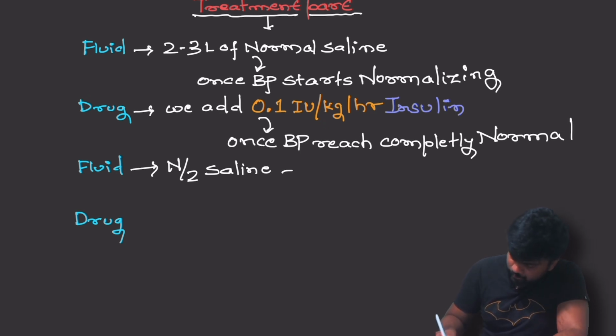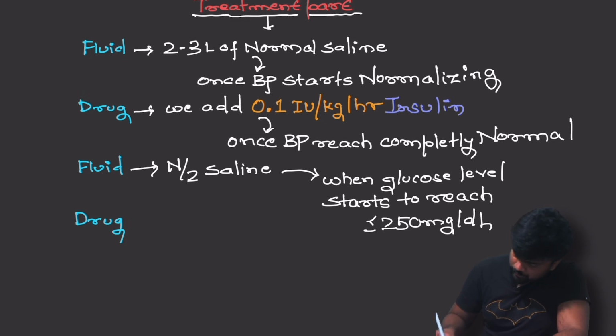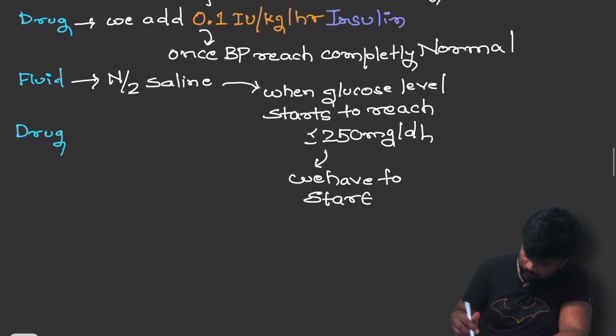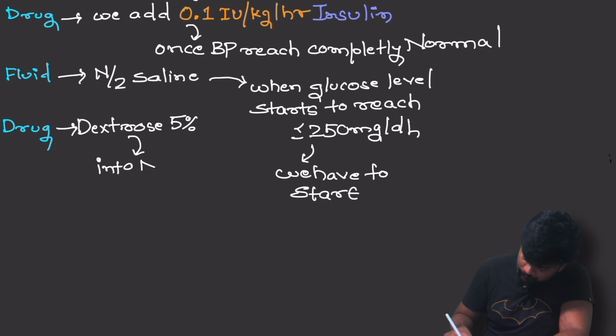Remember, after giving N/2 saline, when glucose level starts to reach less than or equal to 250 milligram per deciliter, we have to start 5% dextrose in N/2 saline.